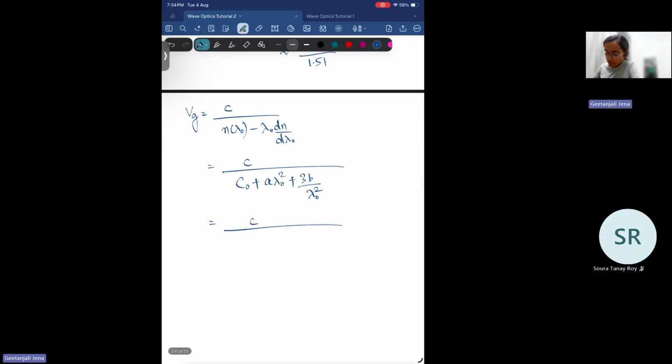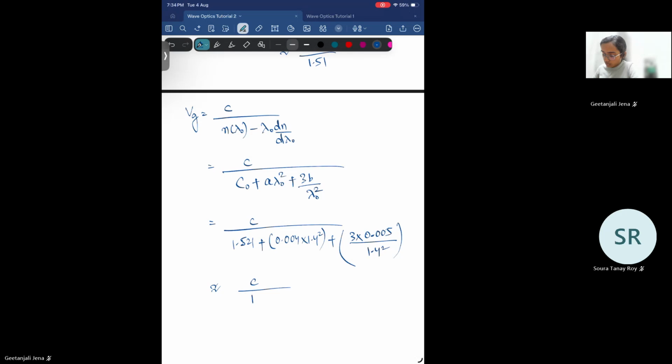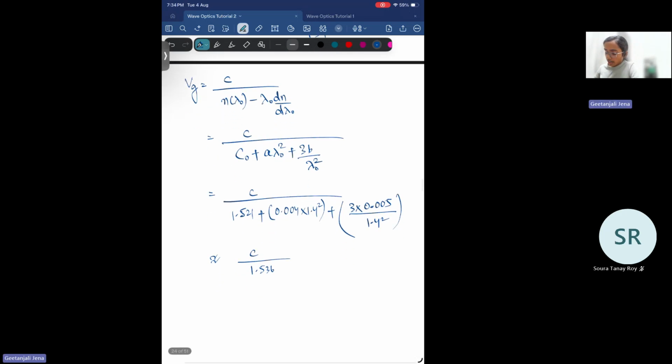So put the value of C0. This is 1.521 plus 0.004 times 1.4 square, plus 3 times 0.005 over 1.4 square. And this will be C by 1.536.